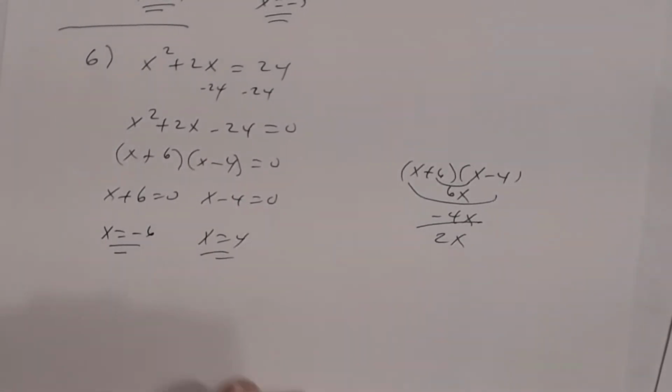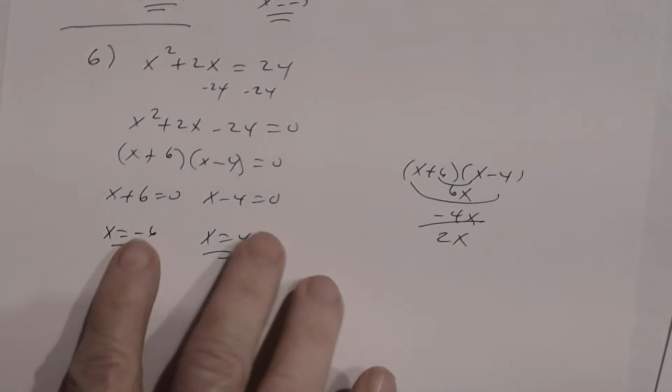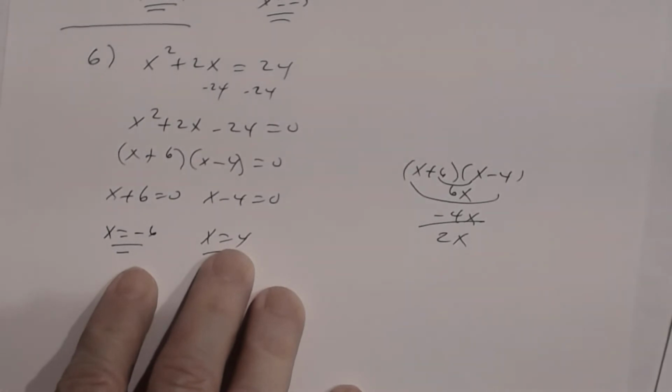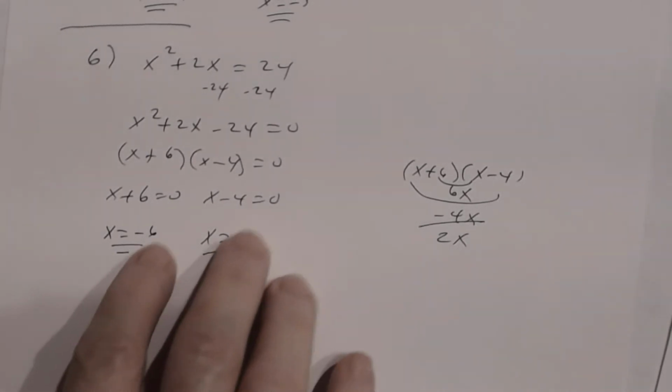Now let me remind you what some students will do, because you're going to mess up. If you want the two correct solutions, it's very important that you apply the zero factor property correctly.